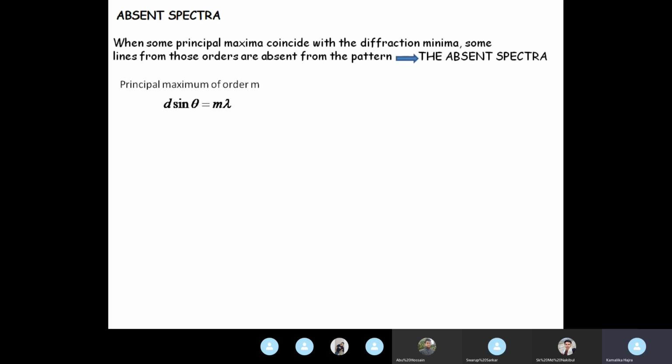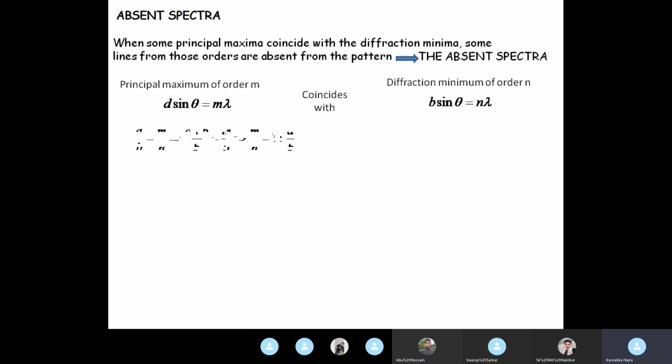Suppose the principal maximum of order m is d sine theta equal to m lambda, and this coincides with the diffraction minimum of order n, b sine theta equal to n lambda, for a given theta. Then d by b equals m by n, and you get m by n equal to 1 plus a by b.